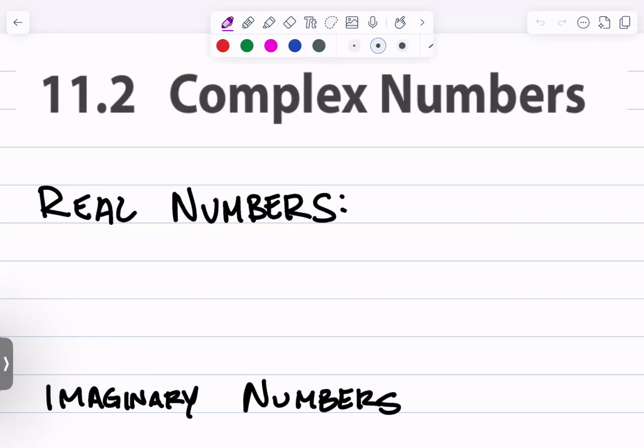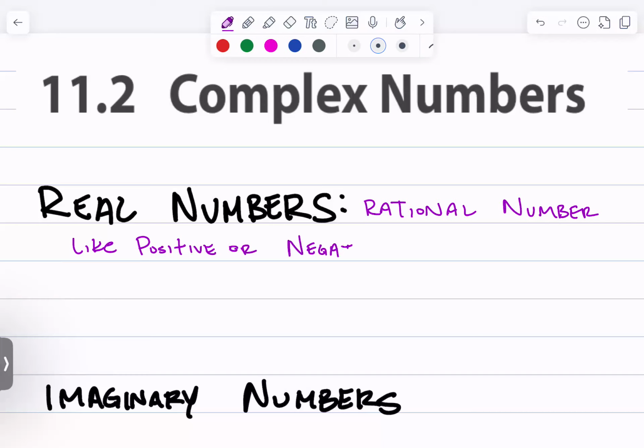So what a real number is, it's a rational number like positive or negative integers, fractions, and irrational numbers.